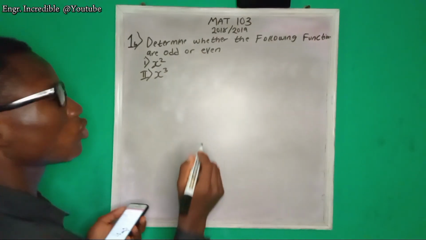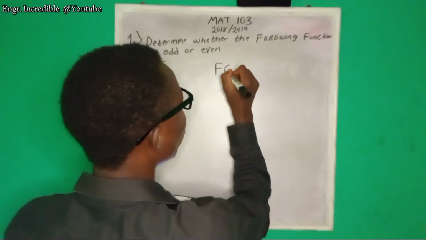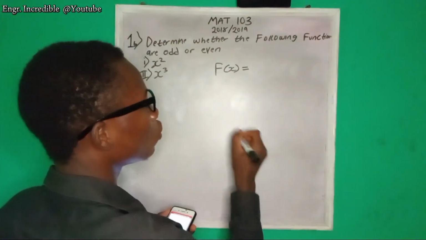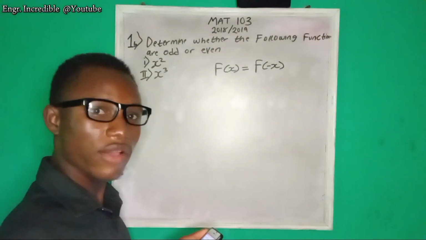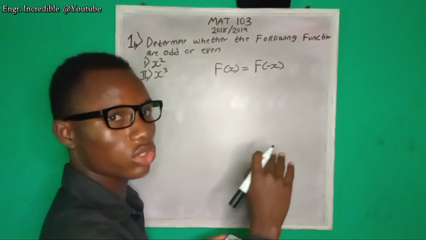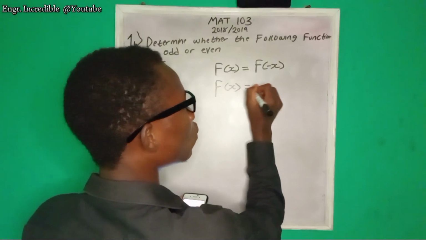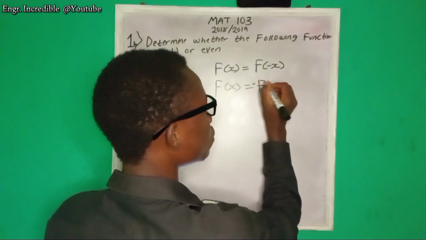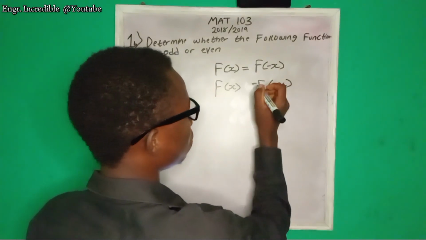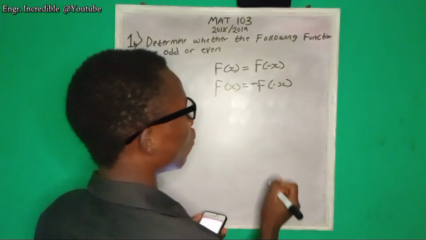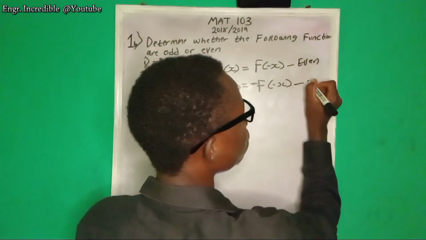I've earlier said that to find if a function is even, we use the formula f of x is equal to f of minus x. So if f of x is equal to f of minus x, that means the function is even. But if f of x is equal to minus f of minus x, that means the function is odd. So this is even and this is for odd.